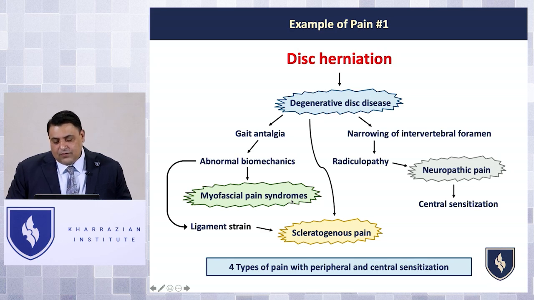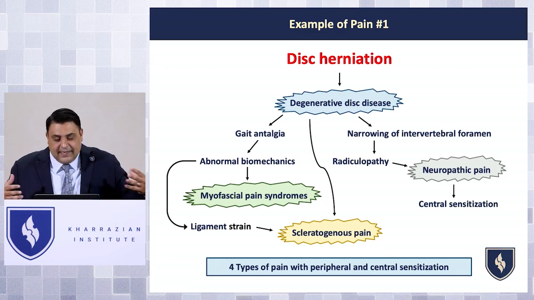Then maybe they finally go to a surgeon, and the surgeon removes the disc. But this neuropathic pain is now centralized. And they still have myofascial pain trigger points all over their body. And their ligament is still hurt. So now they go, oh, well, you might need a second surgery. Maybe there's something else going on. We can't tell. We have to go there and look and clean it up.